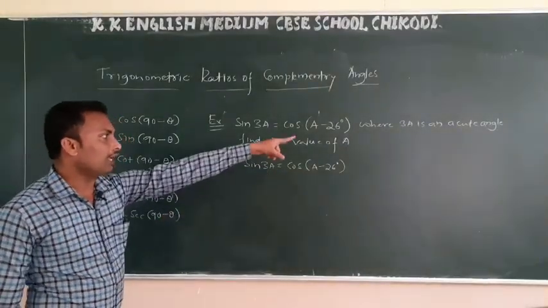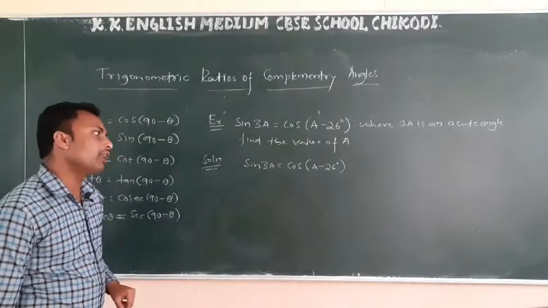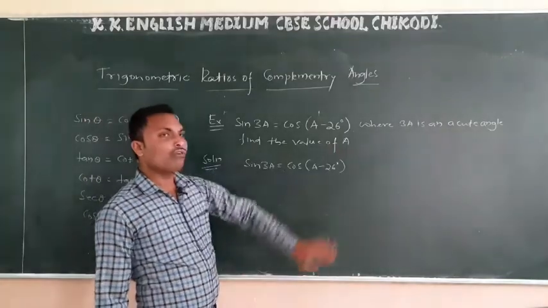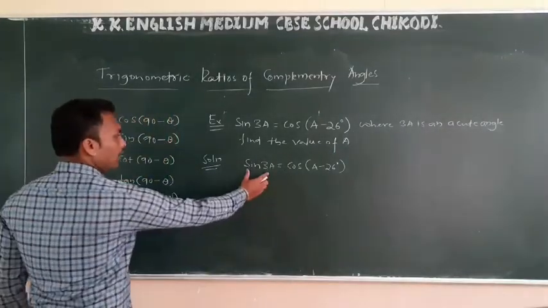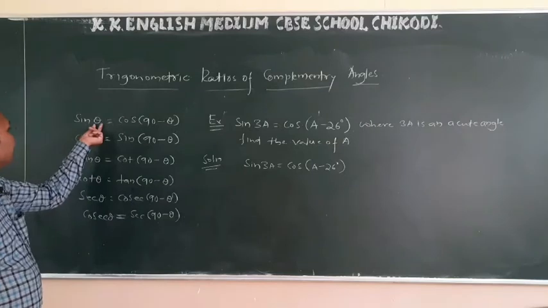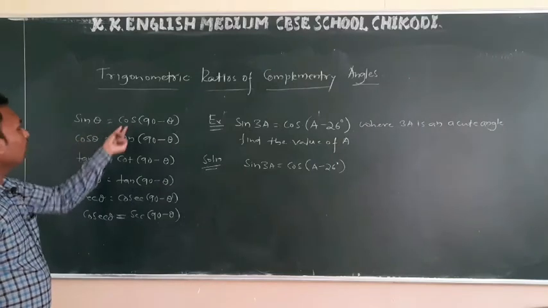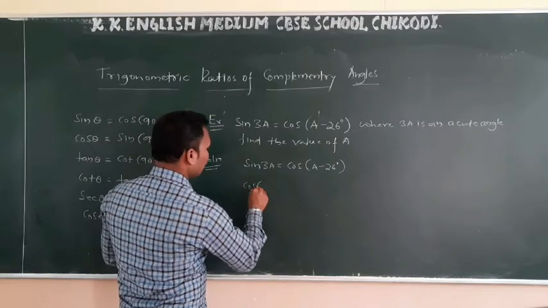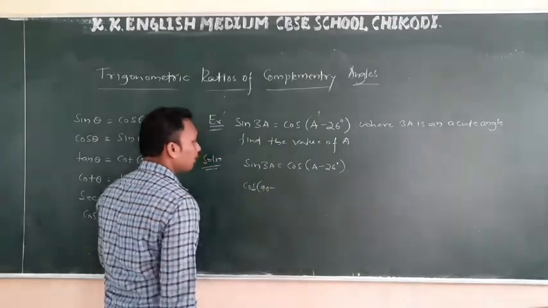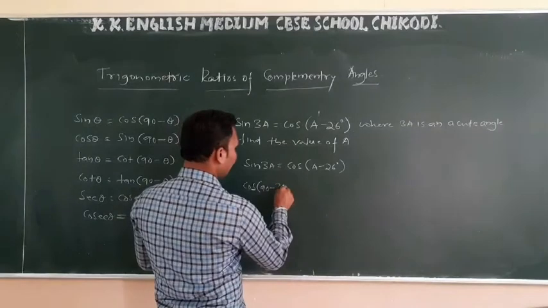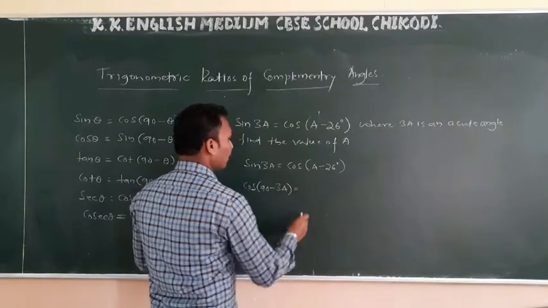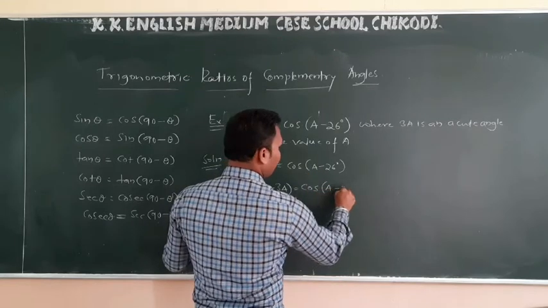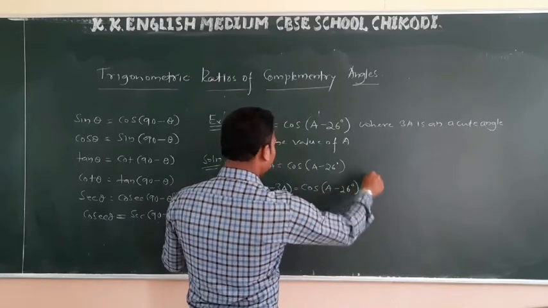You can observe that 3A is an acute angle, and what we need to find is the value of A. For this, sine of theta, considering 3A as theta, becomes cos of 90 minus 3A, which is equal to cos of A minus 26 degrees.